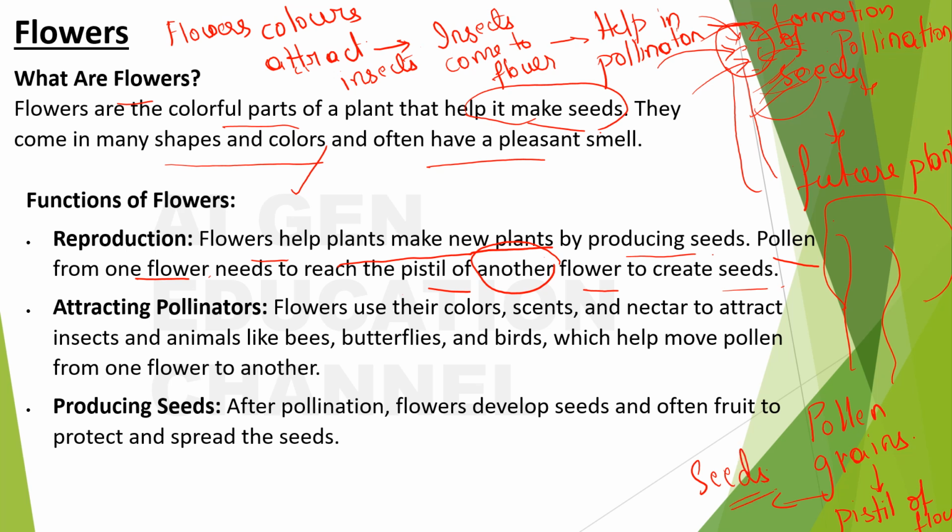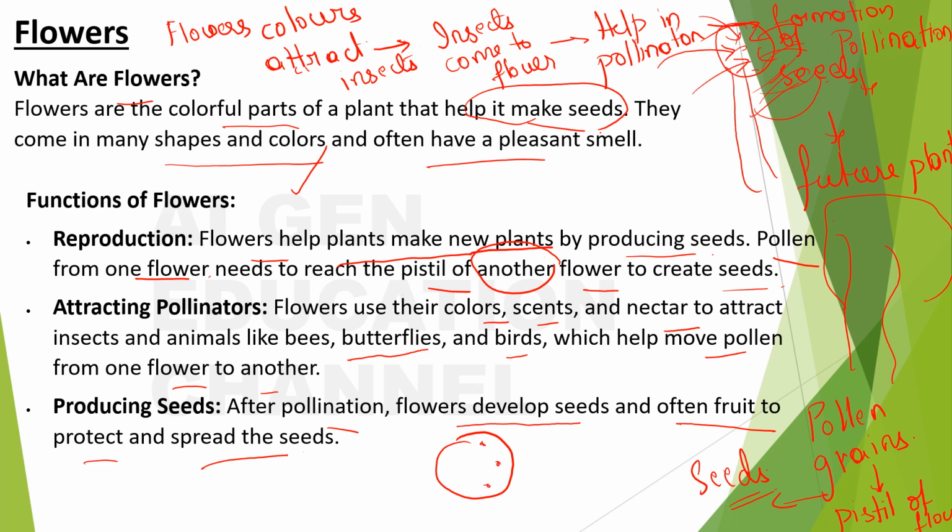Attracting pollinators. Flowers use their color, scents and nectar to attract insects and animals like bees, butterflies and birds, which help move pollen from one flower to another, producing seeds. After pollination, flowers develop seeds and often fruit to protect and spread the seeds. So after pollination what happens? Flowers develop seeds and often fruit to protect and spread the seeds. So what does the fruit do?